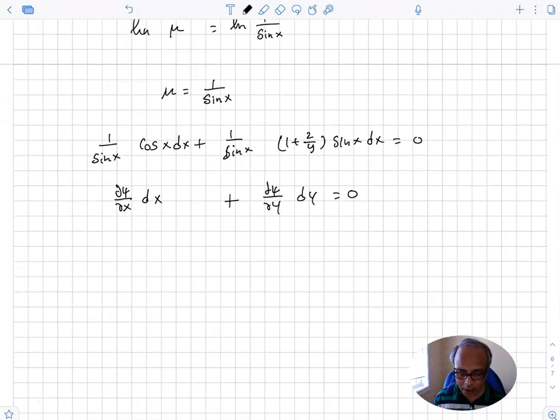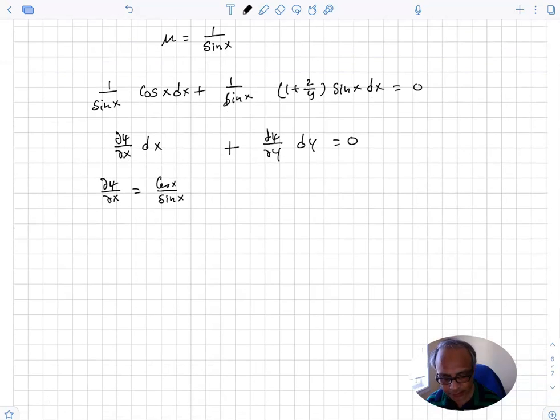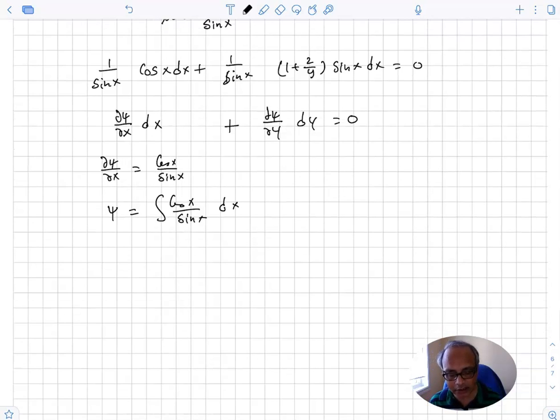So what's next? d psi dx is cos of x divided by sine of x. You compare, so psi is integral of cos of x by sine x, and this integration you just have solved, which is ln of sine x.